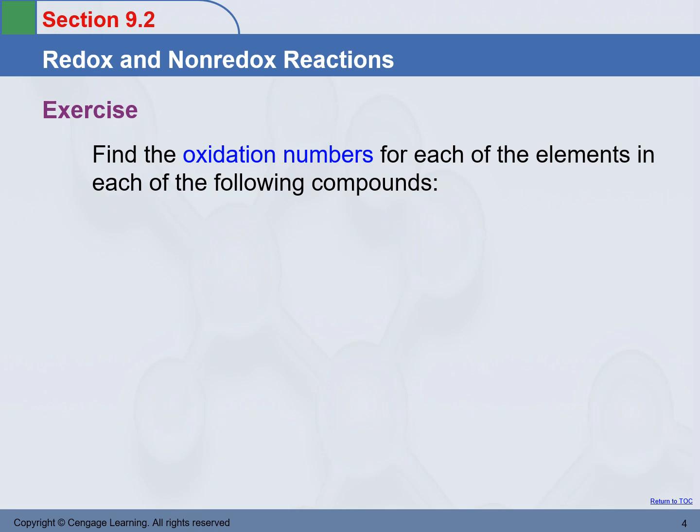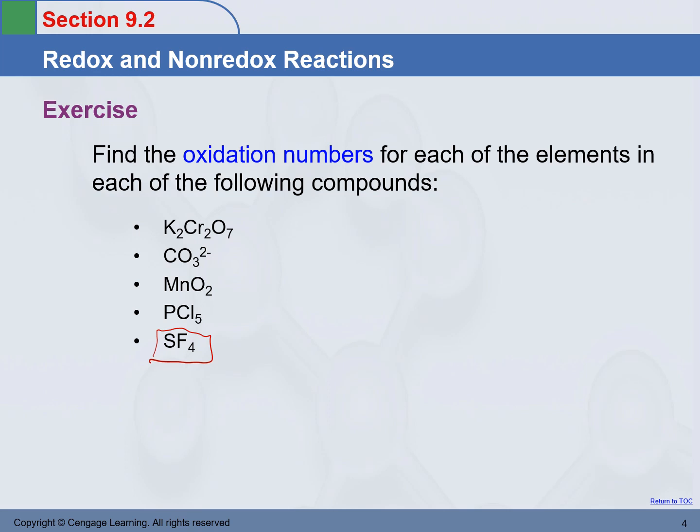All right, let's do some exercise together. Find the oxidation numbers for each of the elements in the following compounds or formulas. Let's do the bottom one together. Sulfur tetrafluoride. This is a binary covalent compound because they are both nonmetals.